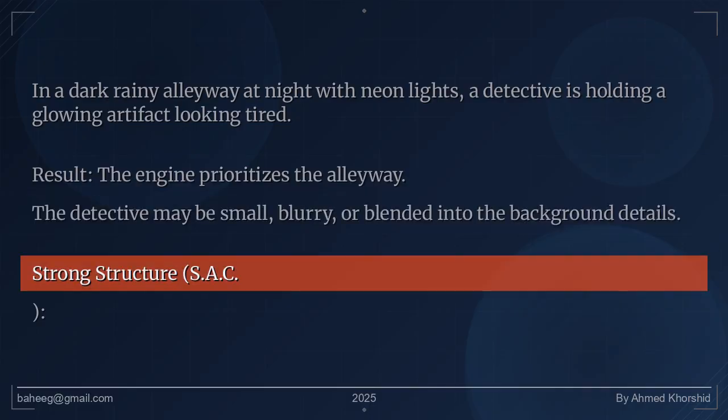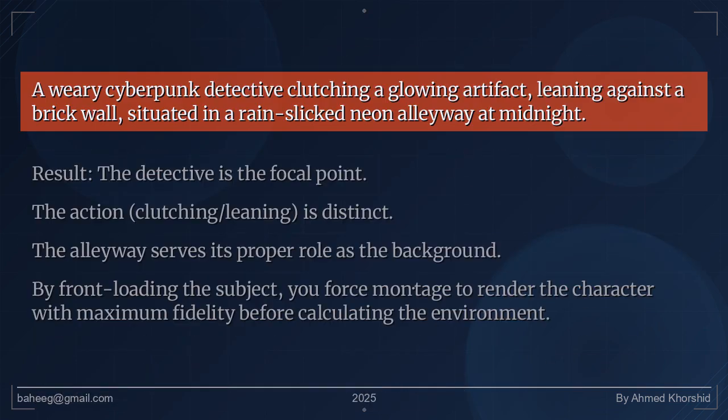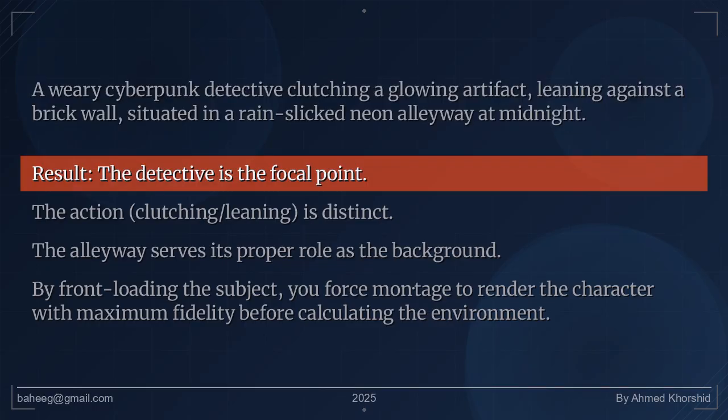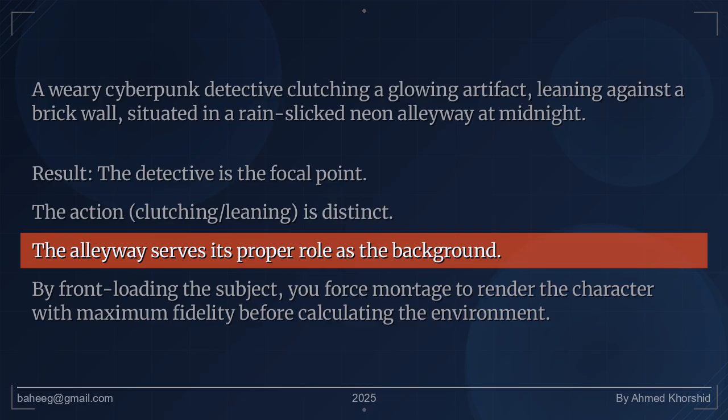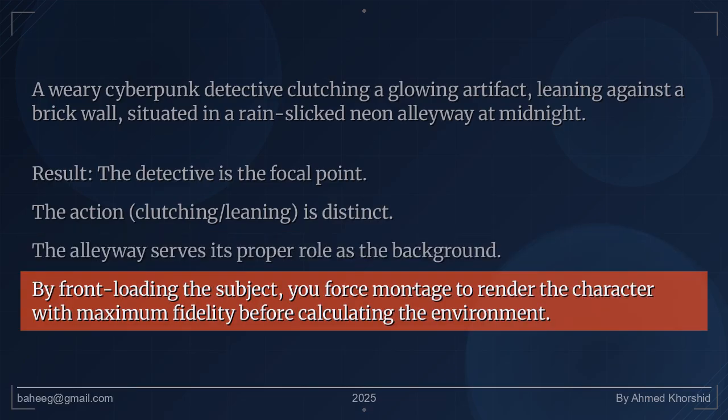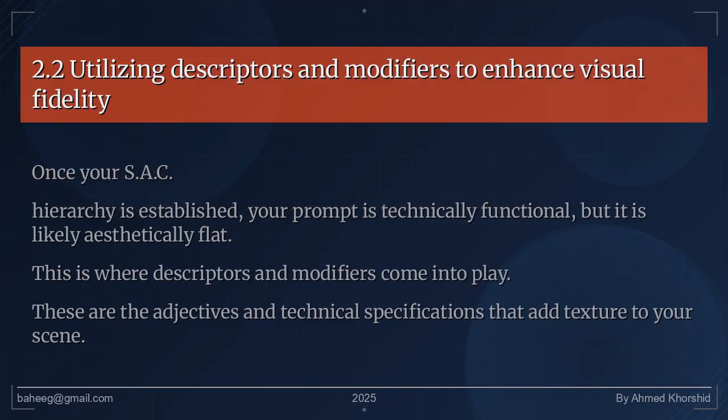Strong structure, S.A.C.: A weary cyberpunk detective clutching a glowing artifact, leaning against a brick wall, situated in a rain-slicked neon alleyway at midnight. Result: the detective is the focal point. The action, clutching and leaning, is distinct. The alleyway serves its proper role as the background. By front-loading the subject, you force the engine to render the character with maximum fidelity before calculating the environment.